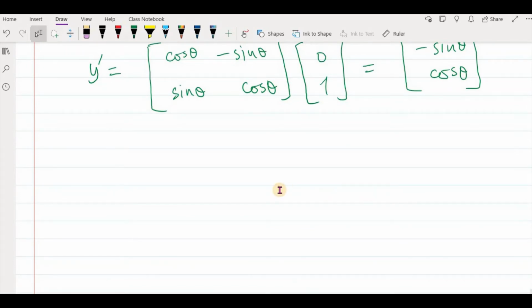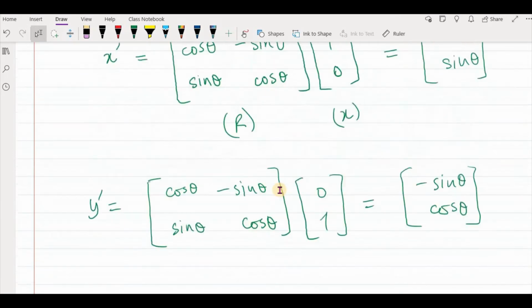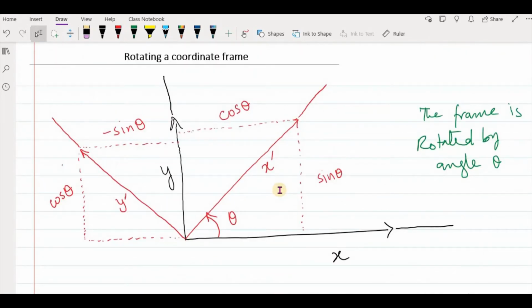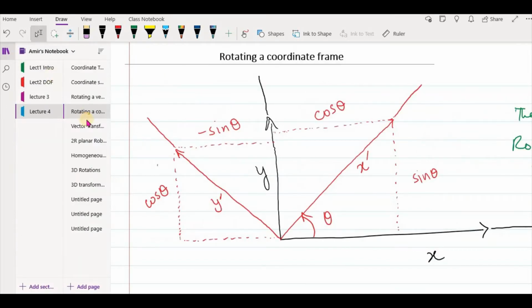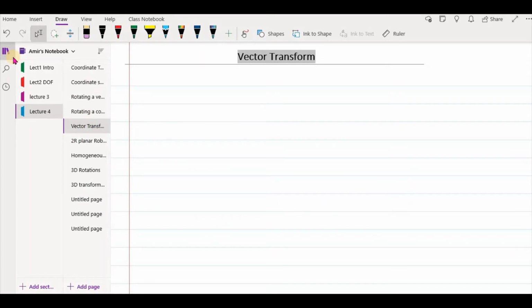Okay, so the purpose of doing this, what we are actually interested in, is finding the position of a vector in the rotated frame.